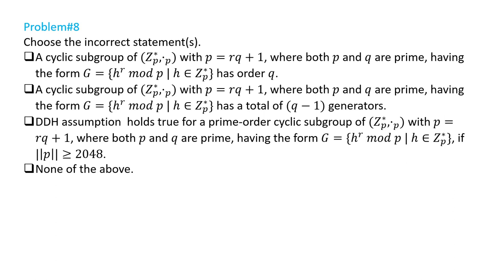order cyclic subgroup of ZP star, multiplication modulo P with P equal to RQ plus 1, but for large enough P. For a practical instantiation of a system where the DDH problem is hard to solve, we need the bit length of prime P, so if you represent the prime P as a binary string, whatever the bit length of P is, that we represent here inside this modulo bracket, that bit length of P should be greater or equal to 2048 in order to have a group where the DDH assumption holds true.